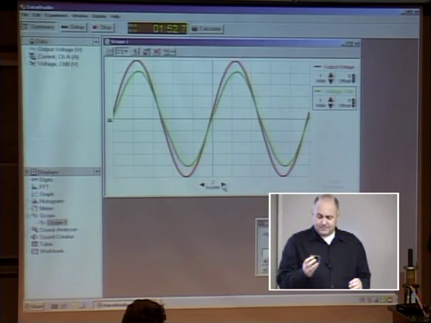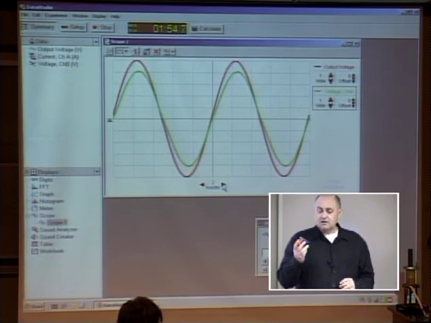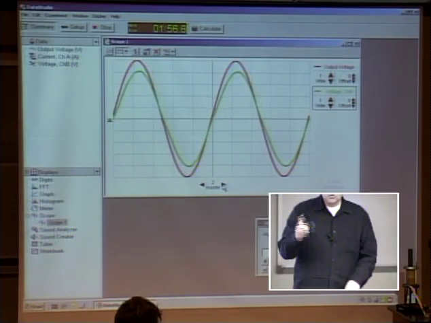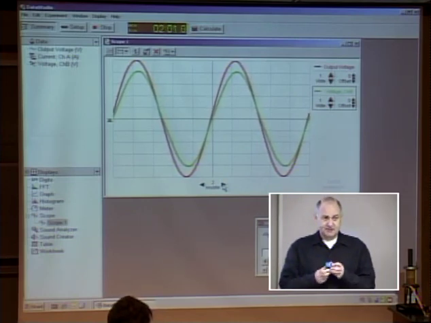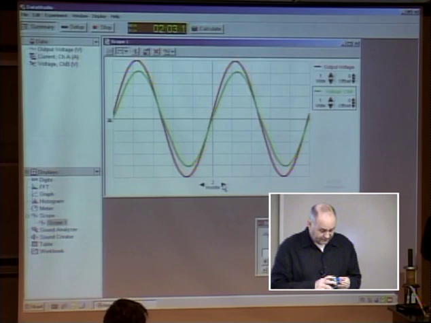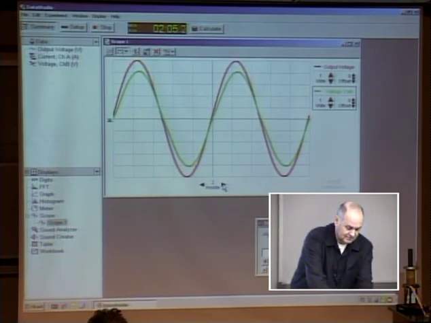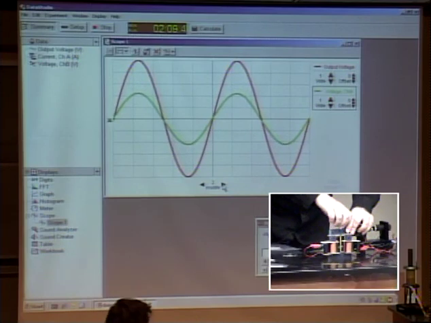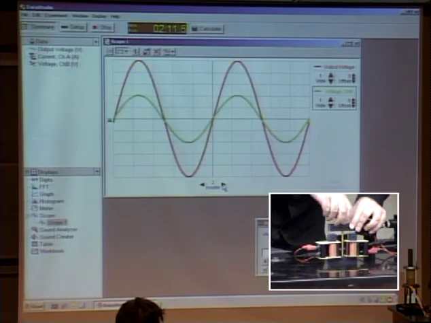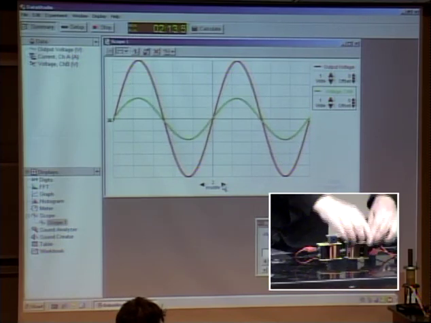What will happen if I put a coil which has 200 loops instead for the second coil? So the second coil now will have fewer loops. I will be doing it, and you can talk to each other about what you expect and why.